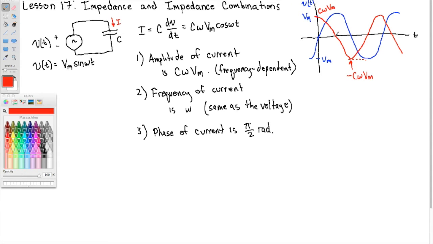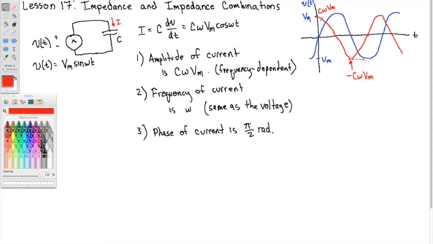And when the current is at a 0, the voltage is at its maximum. Now here the current is at a minimum, and the voltage is at a 0. And here the current is at 0, and the voltage is at a minimum. All of this is to say, again, this point 3, the current and the voltage are out of phase with one another by pi over 2 radians.